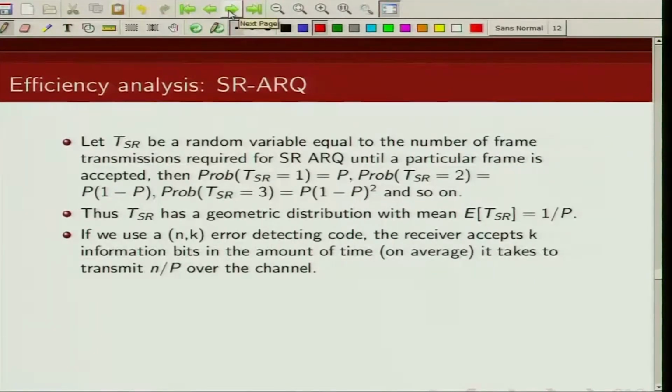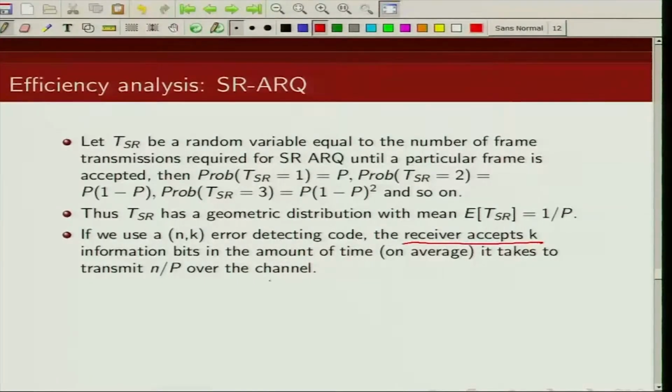Now remember, we are using an (N, K) linear block code. We have K information bits and then N minus K CRC check bits, and the overall block length is N. So the receiver accepts K information bits in the amount of time it takes to transmit N times the expected value of this.